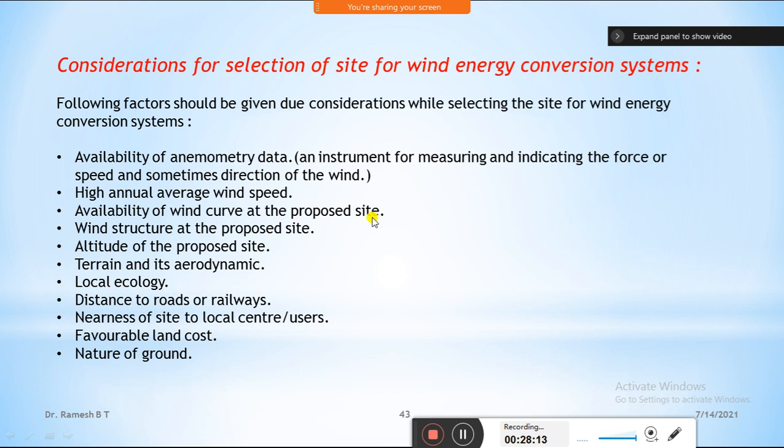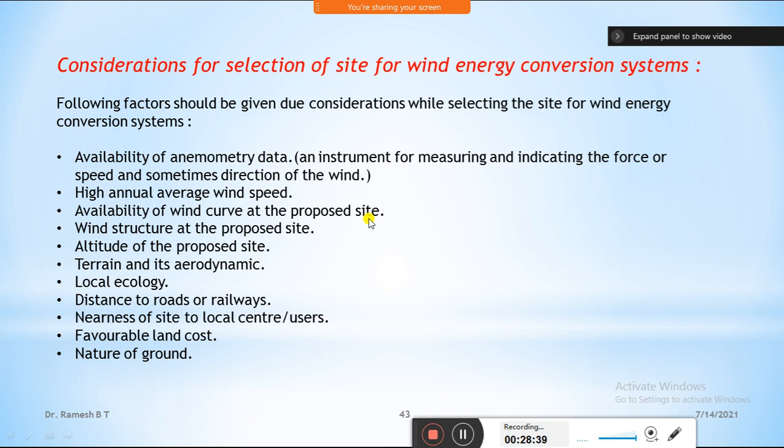And nearness of the site to the local center or users. Once we install successfully and start generating power from the wind, it ultimately has to be used. If the users or local centers are very near, it will reduce the loss of energy, because we generate the energy with only 40 to 60% efficiency.